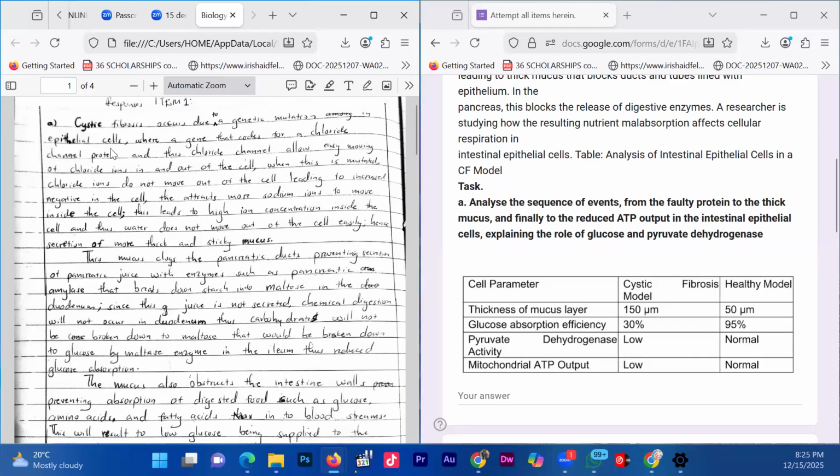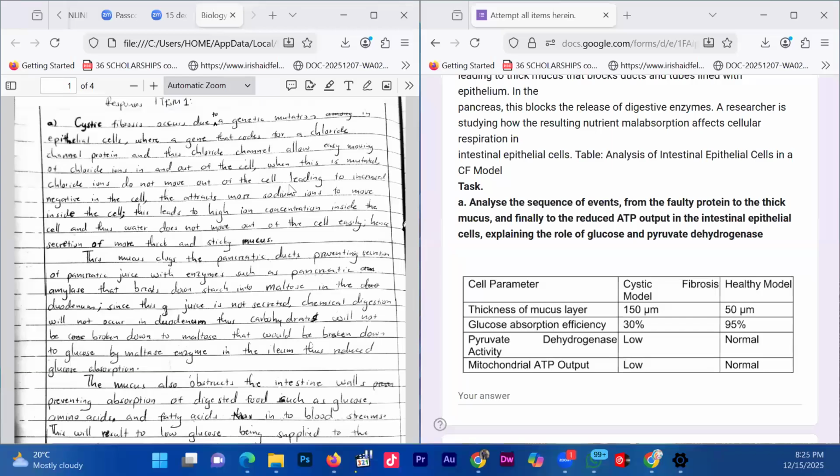It's caused due to a gene mutation. This is what you said. Okay, let me make it clear for you. The gene mutation among intestinal cells affects a gene that codes for a chloride channel protein, and this chloride channel protein allows easy movement of the chloride ions.